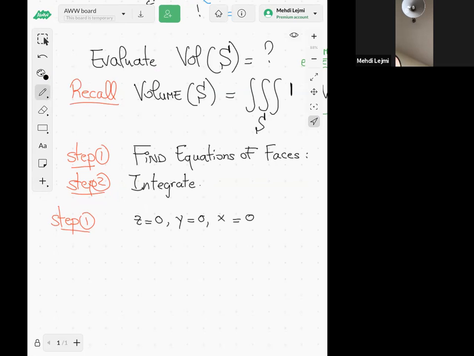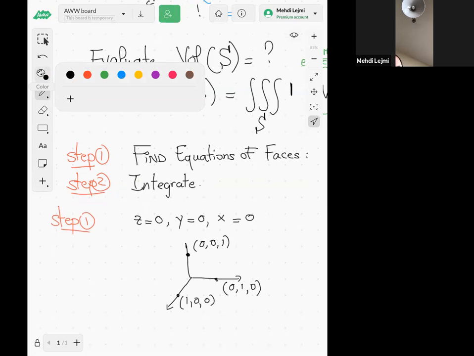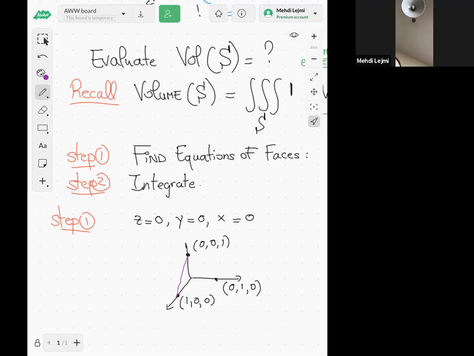And then there is the fourth plane. The fourth face would be this one here.